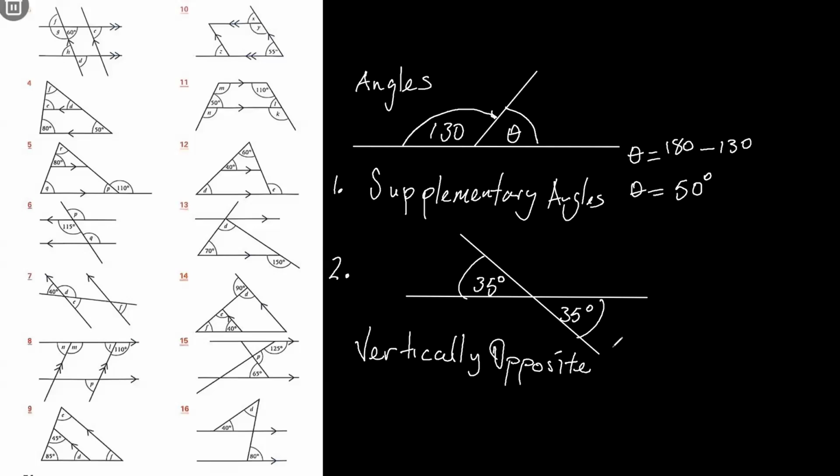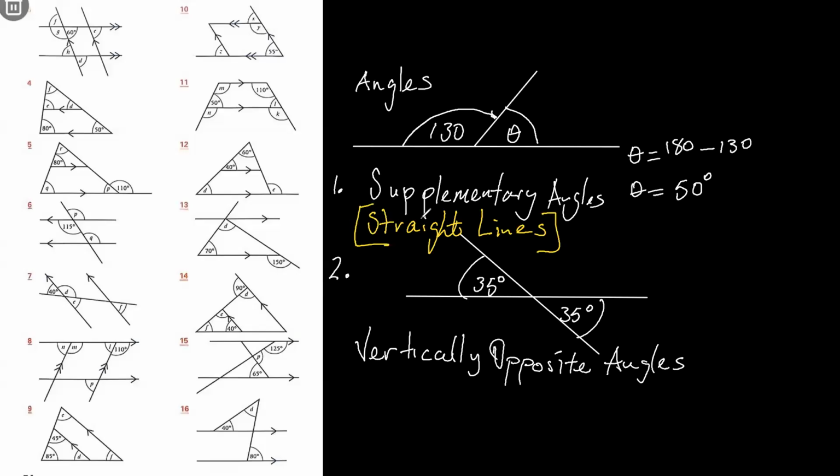Vertically opposite angles are equal. Supplementary is on a straight line, so let me put straight line for supplementary, because that is where you have to keep looking for the straight line. Look for your straight lines.